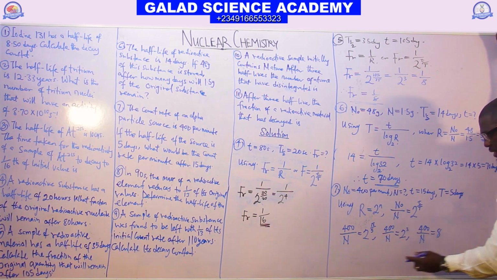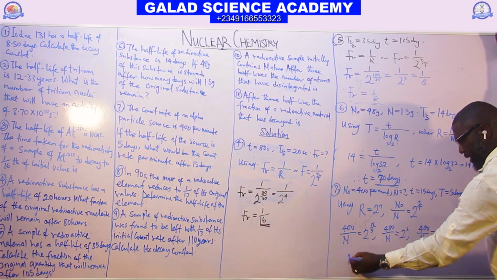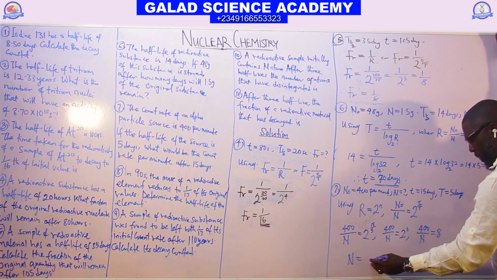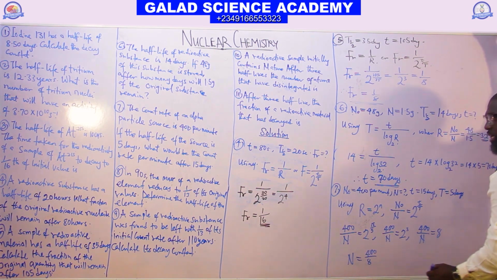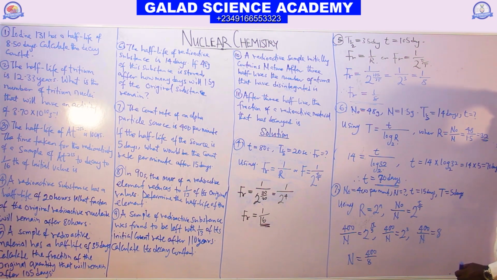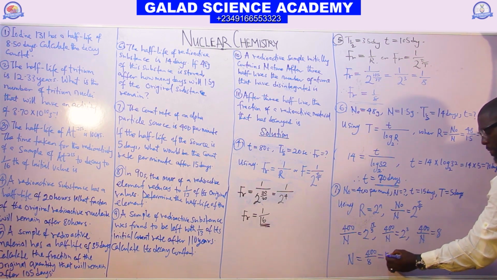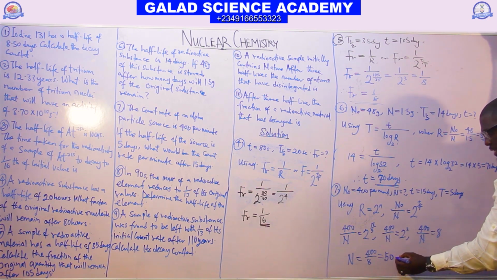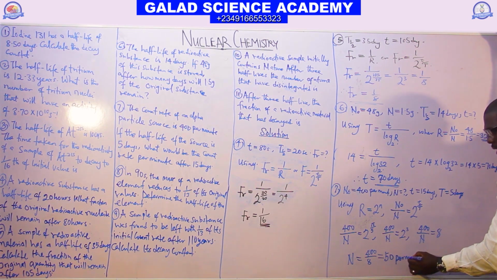By doing that, N should be equal to 400 divided by 8, and we have 50 per minute.